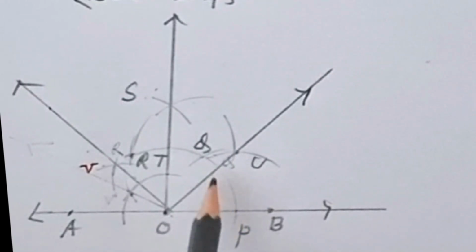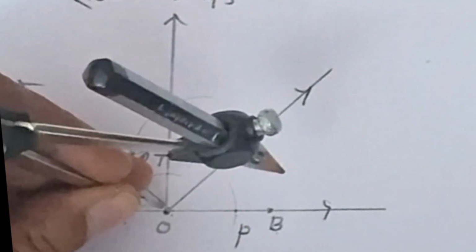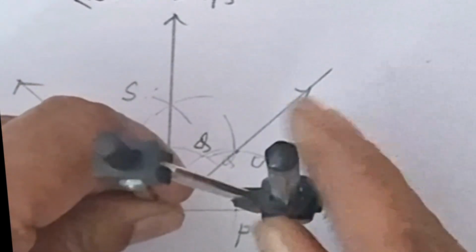Therefore, in this way, we get four 45 degree angles. And if we bisect each of the 45 degree angles, we get 22.5 degree. So we bisect each of the 45-degree angles in the previous way.